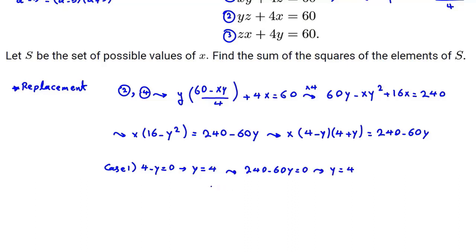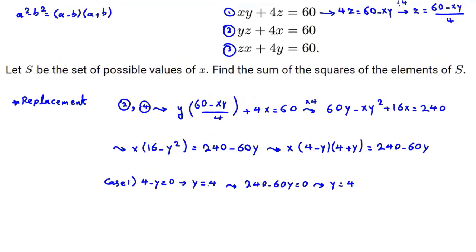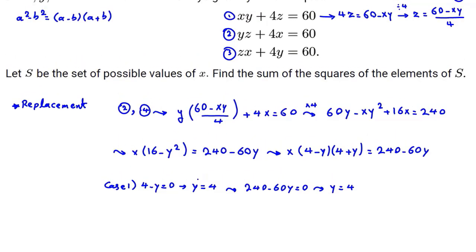So again, y equal to 4. Now, if y equal to 4, let's analyze this part. The first equation will be 4x plus 4z equal to 60. And we conclude x plus z equal to, if we divide by 4, 15. Now if we replace in the second one, again it will be the same thing.